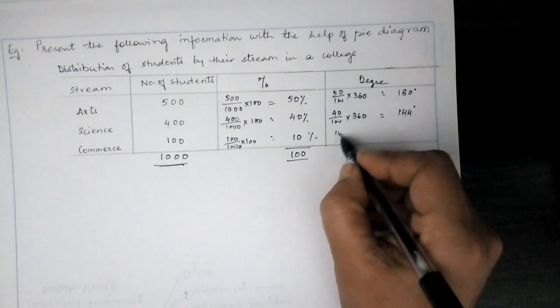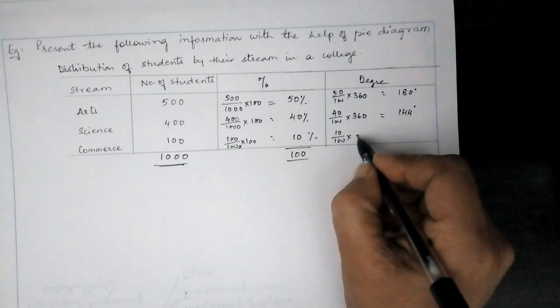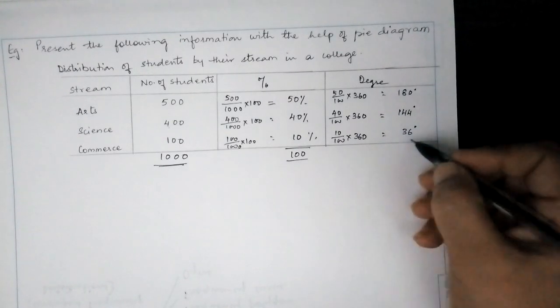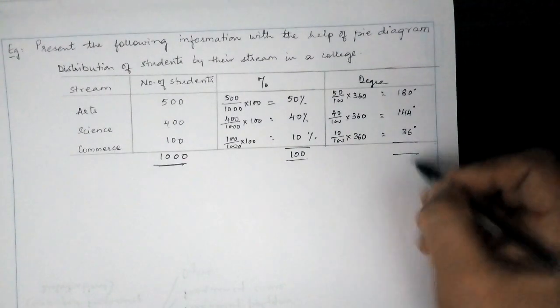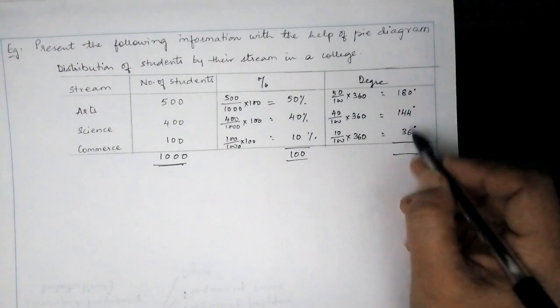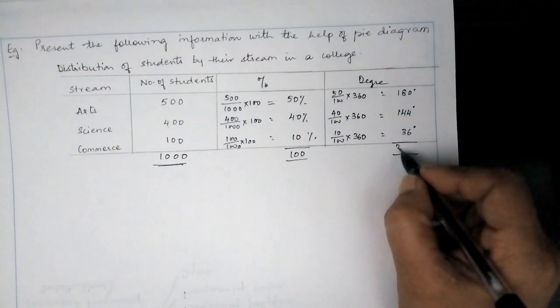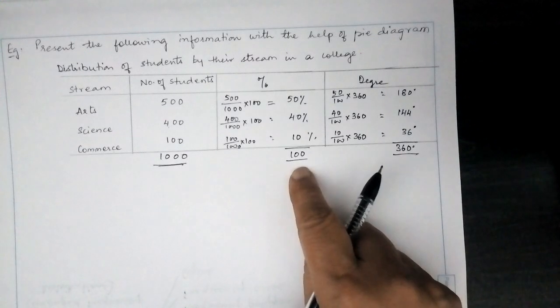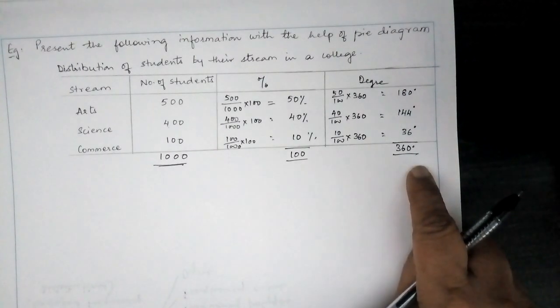And then we have 10 by 100 into 360, which is equal to 36 degrees. So this total should be equal to 360. So 180 plus 180, 360 degrees. So now our calculation for percentages as well as the angles is correct.